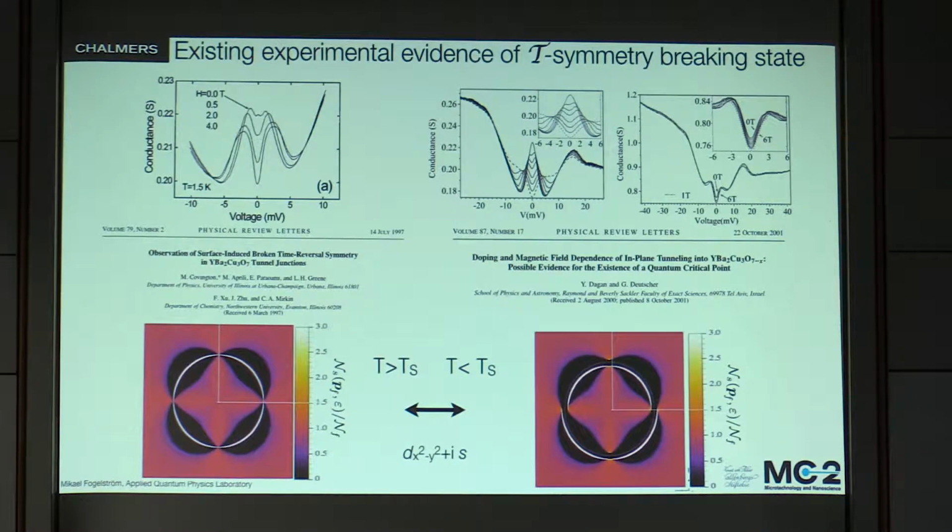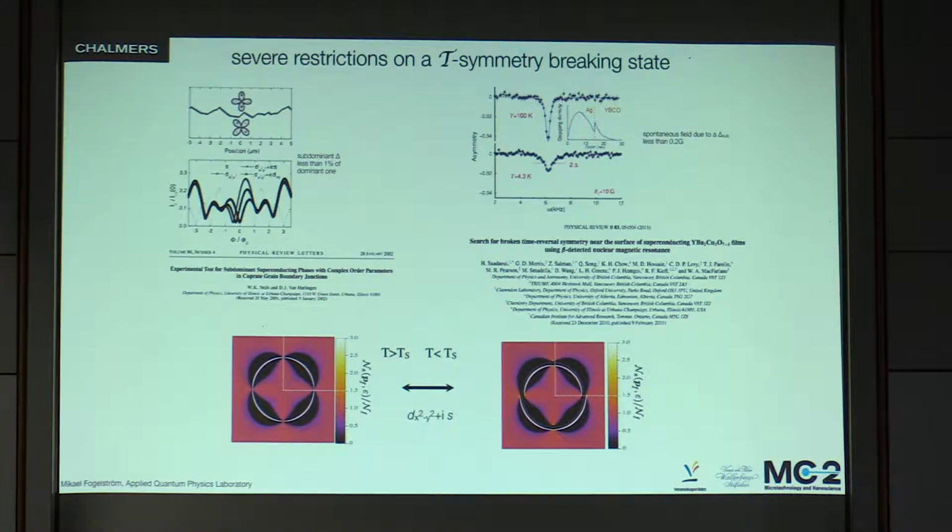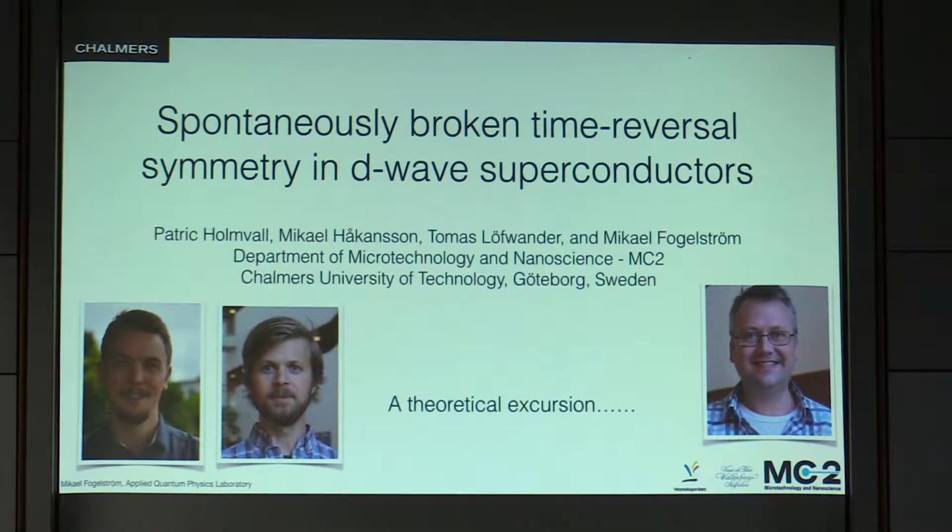The problem is that this was seen in several experiments, but you should also detect a large magnetic field coming up, because there are large currents when you have this time reversal symmetry broken state. And all measurements that they did came up with a null result. So it was not really conclusive what the situation is. You would see this splitting coming spontaneously at low temperatures, but you never saw a large magnetization or magnetic field. No evidence of that. So that's where we come in.